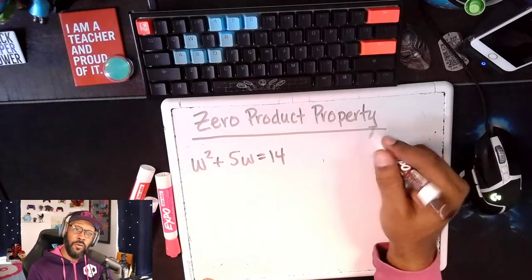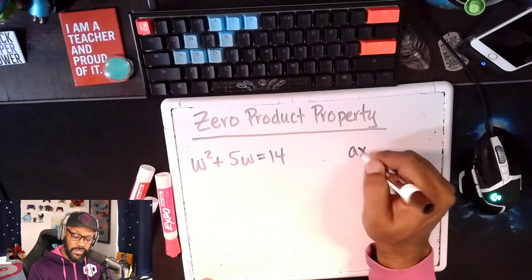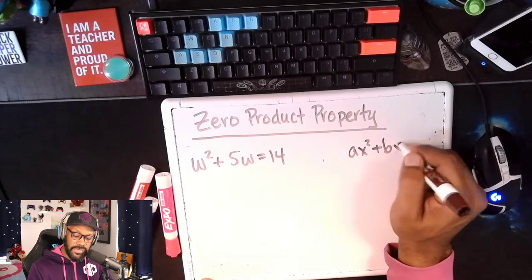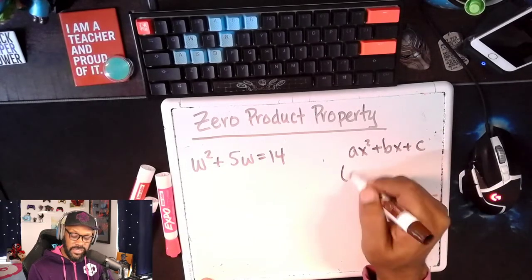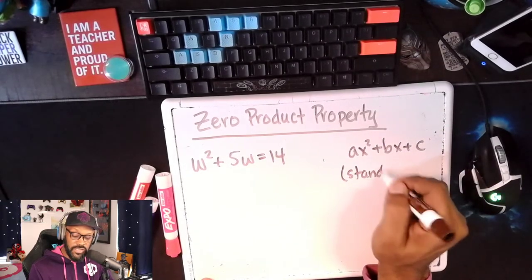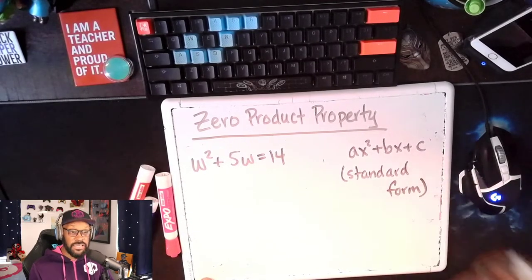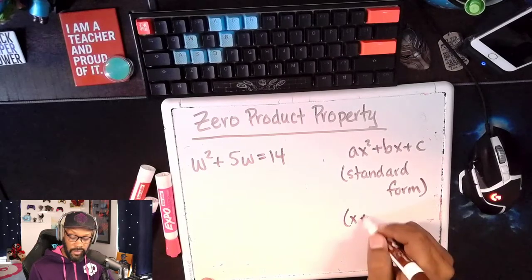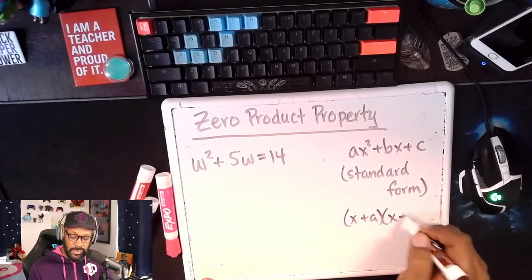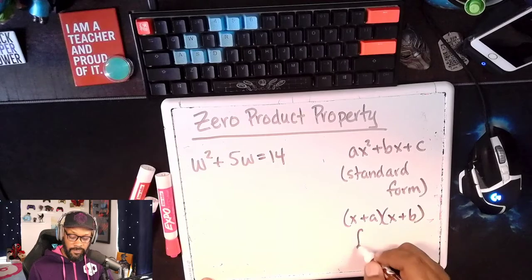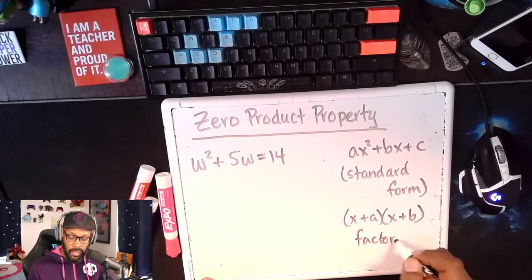Remember our standard form for a trinomial, right? It's ax squared plus bx plus c. This is our standard form. This should be living somewhere in your notes, friends. It's different from our factored form. Remember, our factored form looks something like this. Standard form, factored. I'll put that over here so we have that factored form.